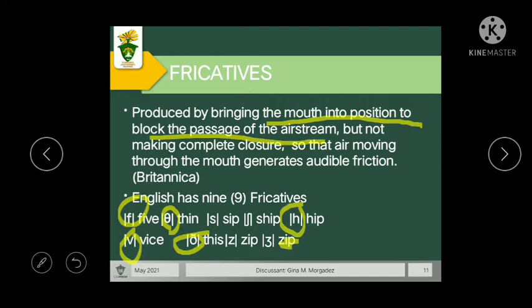In fact, with some fricatives such as s and z, one can hear a hissing sound as the sound is being produced. When you articulate the phonemes s and z, you can hear a hissing sound.